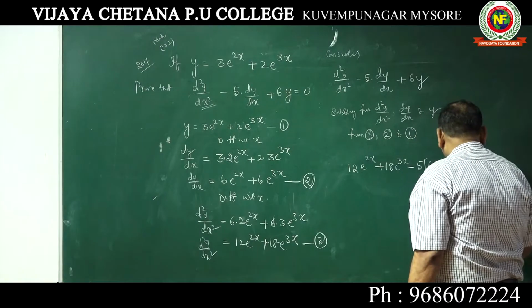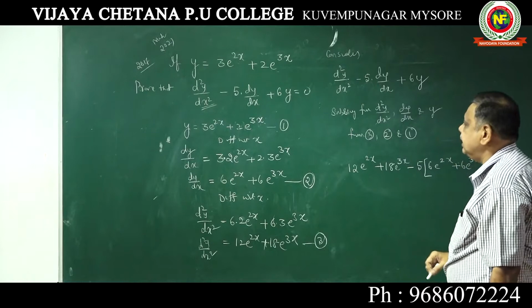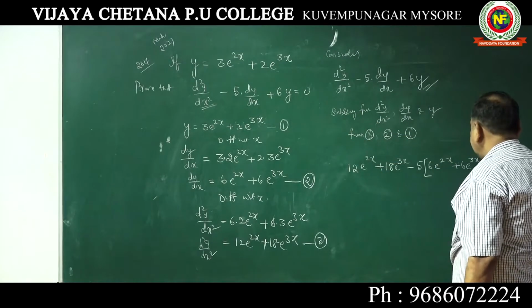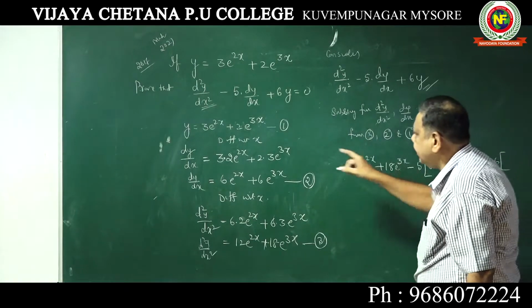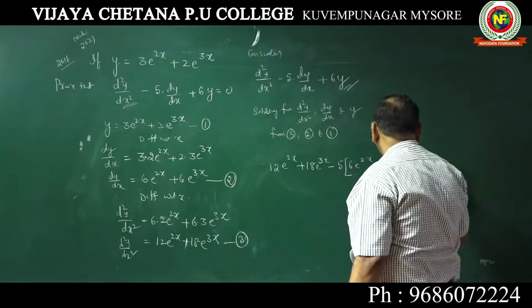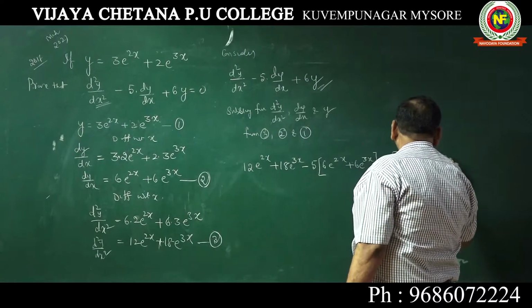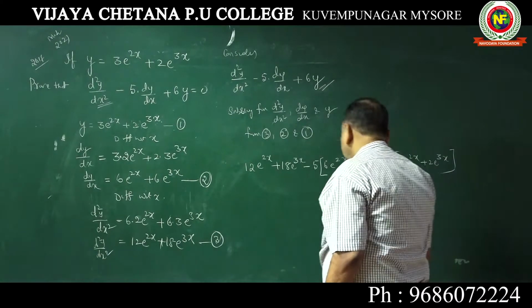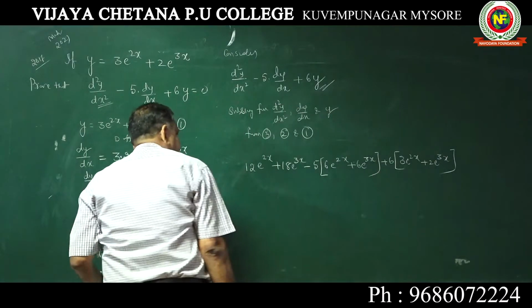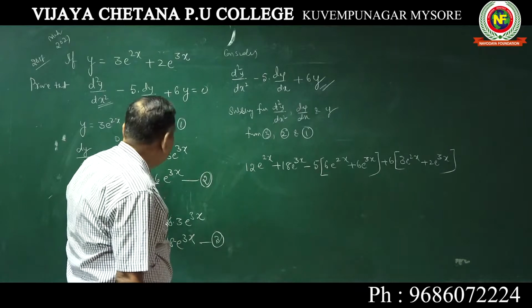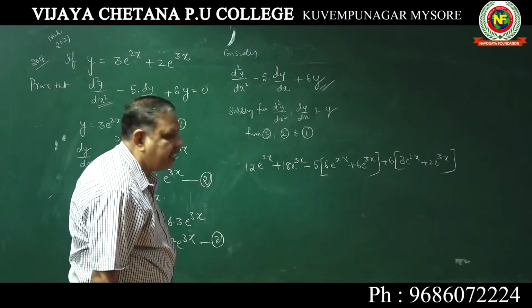Then plus 6 into y, where y is 3 e to the power of 2x plus 2 e to the power of 3x. For y you write 6 again.